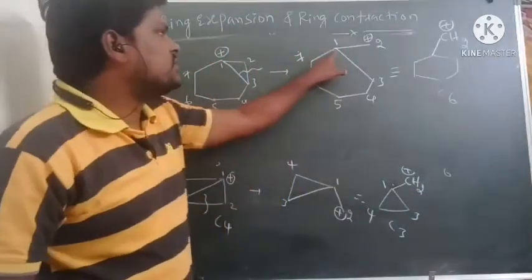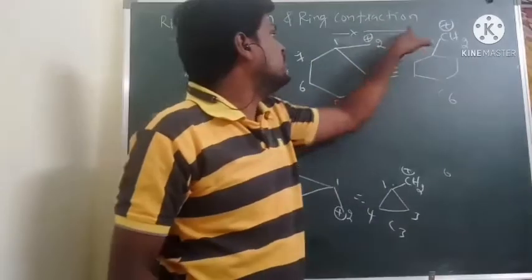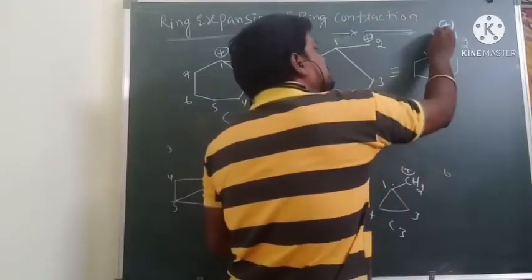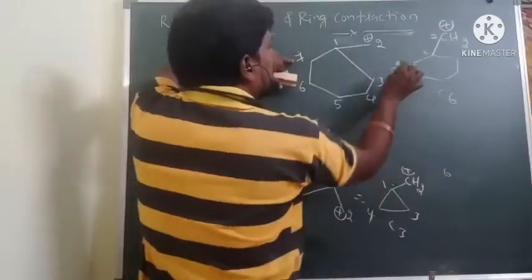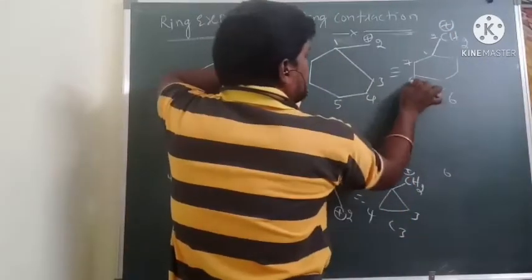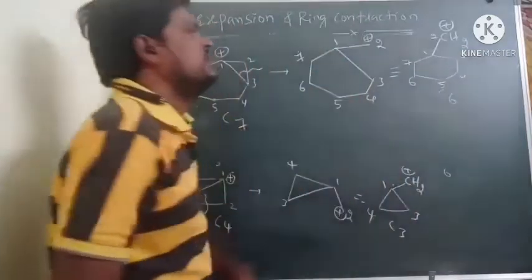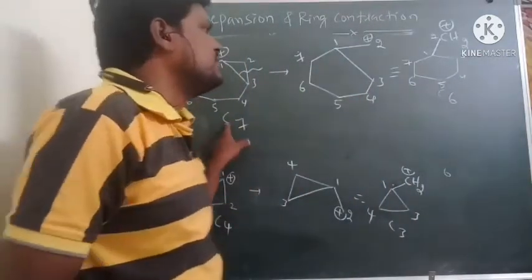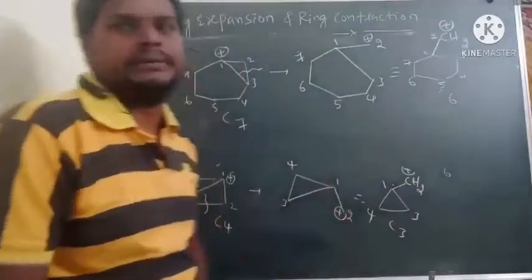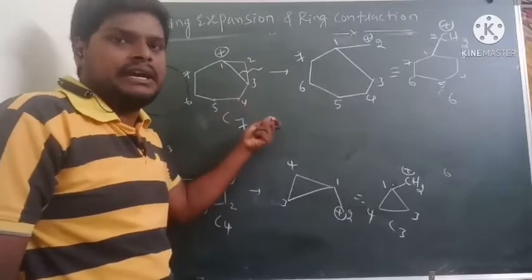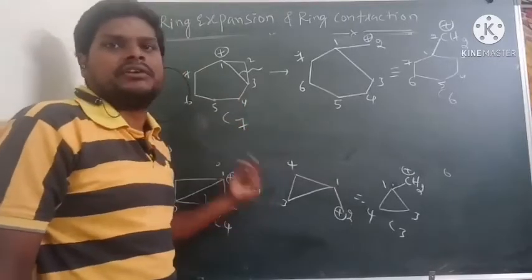The first carbon is next to the second carbon which has the positive charge. Remaining are 7, 6, 5, 4, 3, right? So here the C7 ring contracts to a C6 ring. Okay, so this is the way to understand expansion and contraction.